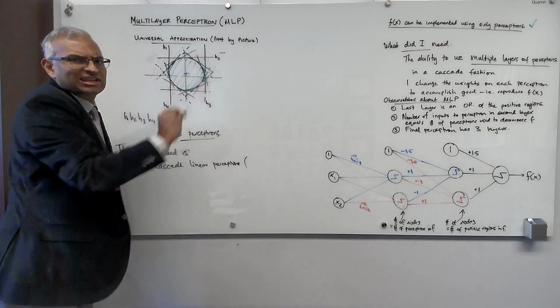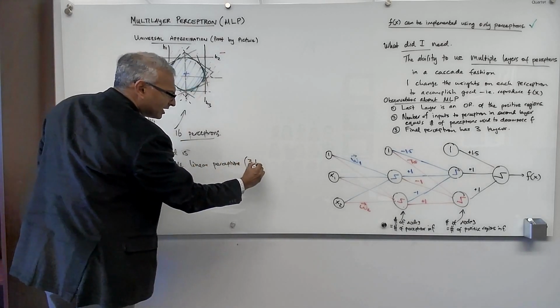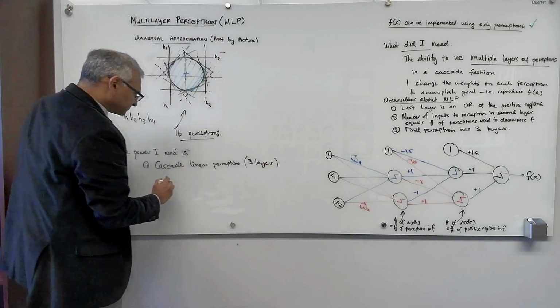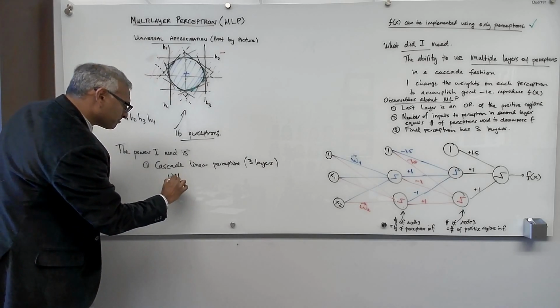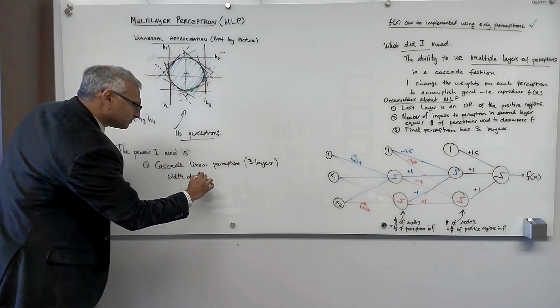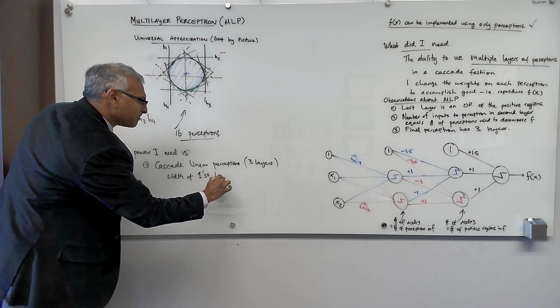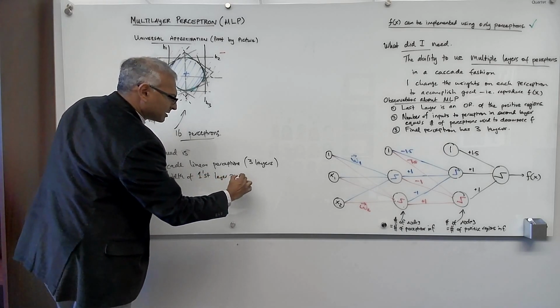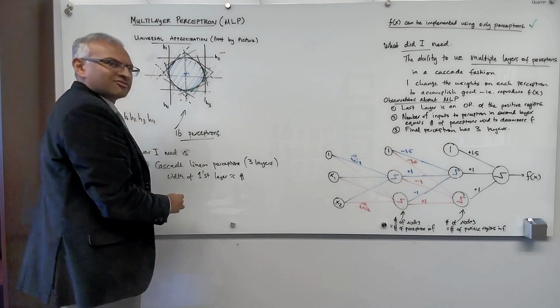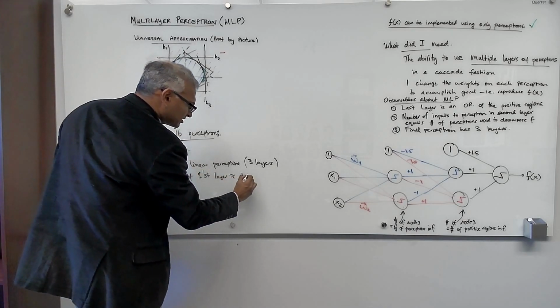And all I need is 3 layers. So 3 cascades. 3 layers, where the width of the first layer corresponds to the number of perceptrons in the decomposition of my function of interest.